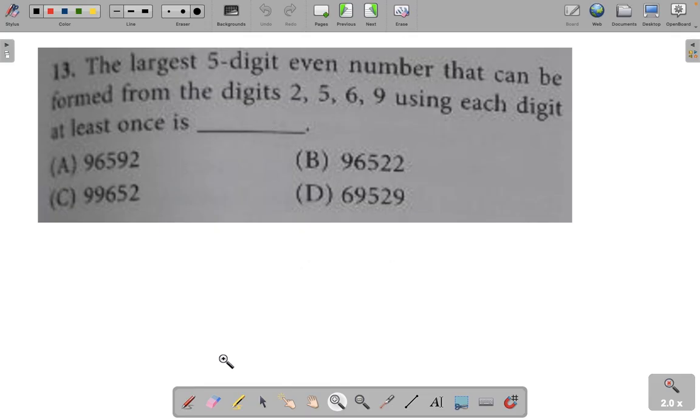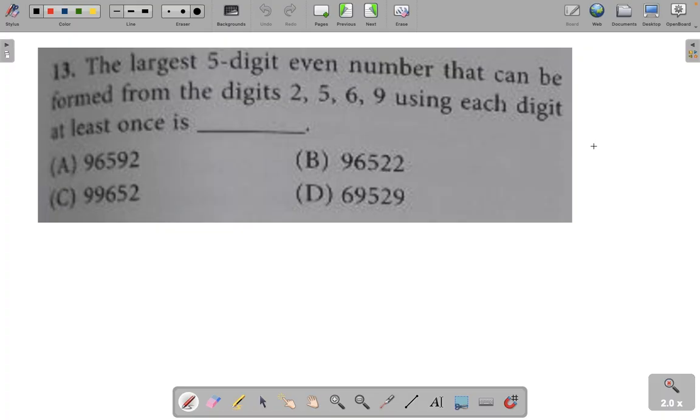Slightly different question. You have to form the largest number, but it is even. You know what odd and even numbers are? Yes, sir. What is the definition of an odd number?